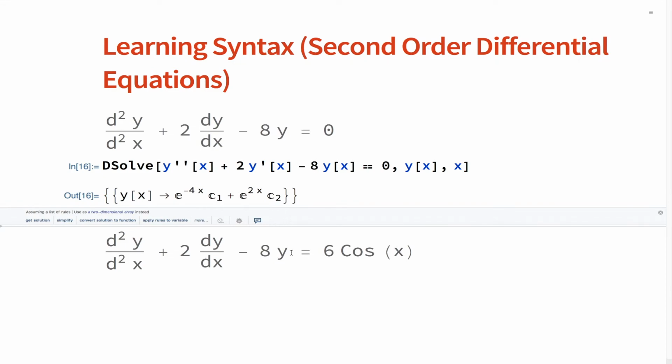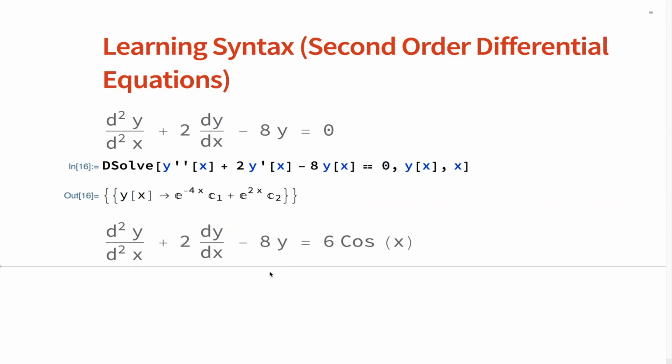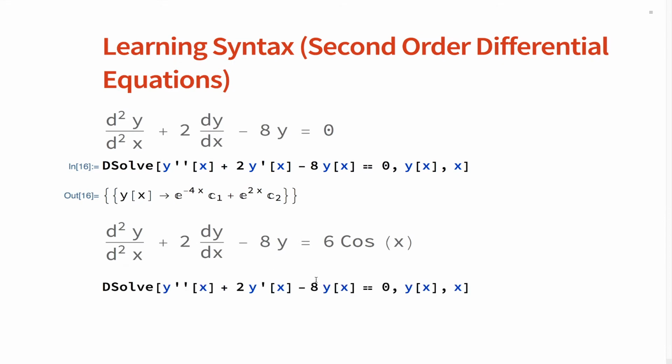Let's take another example. This is the same equation, but here now I have 6 cos of x as the answer. So the initial portion is the same. So I'll just copy with Control Command L, which basically takes the above input back, but now instead of 0 it is 6 cos of x.